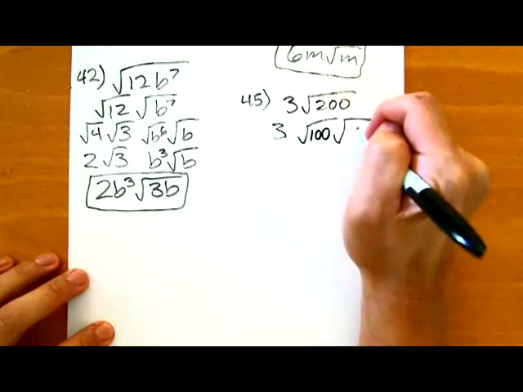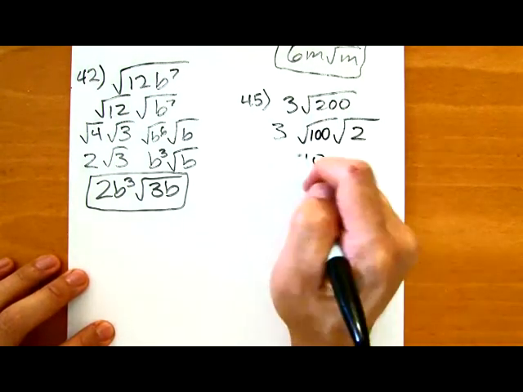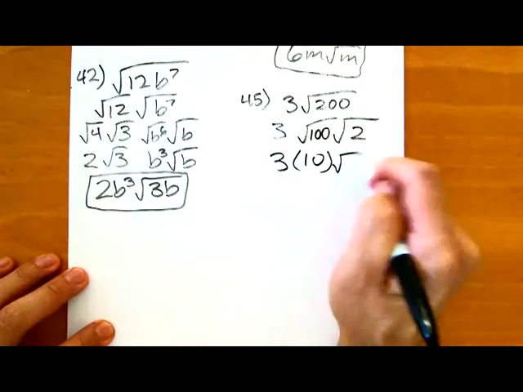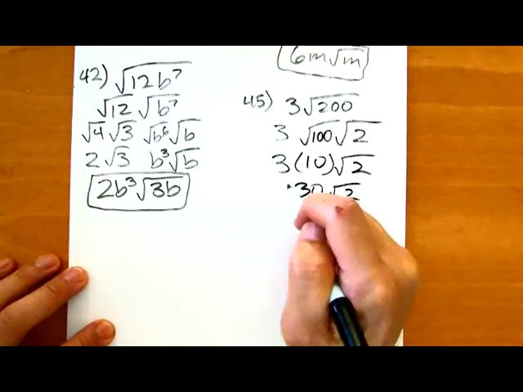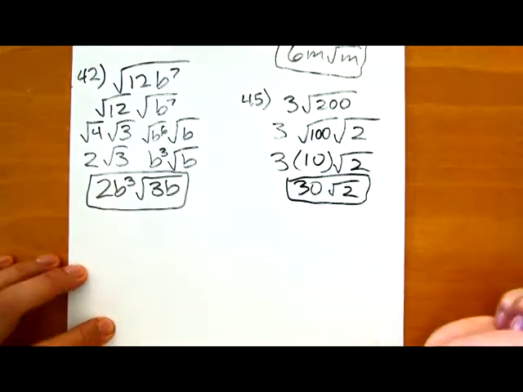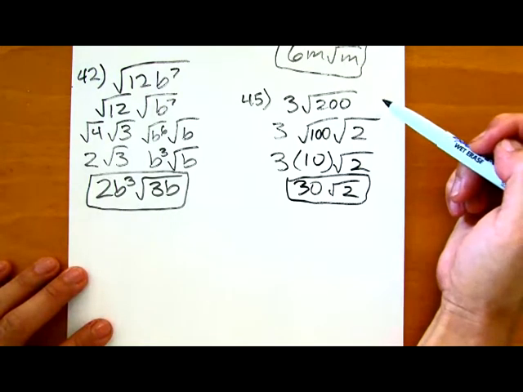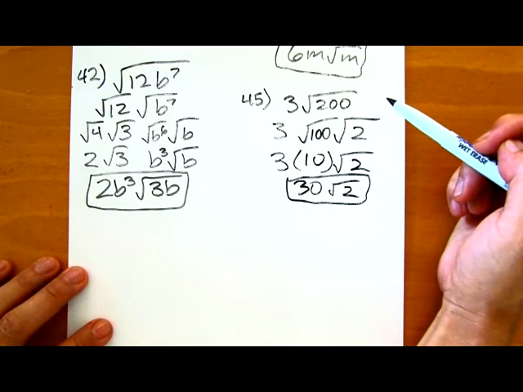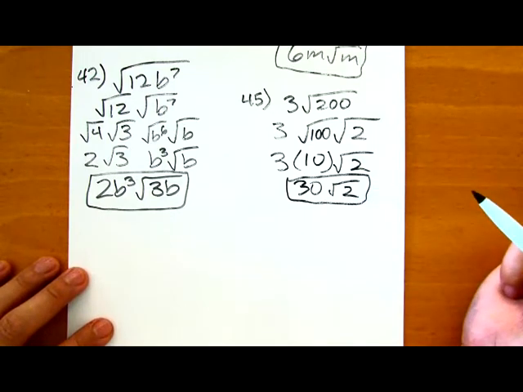I'll go 100 and 2. Square root of 100 is 10. So this is 30 radical 2. You would have come out with the same answer regardless if you had picked 25 and 8 or 50 and 4. I would say that's the best choice.